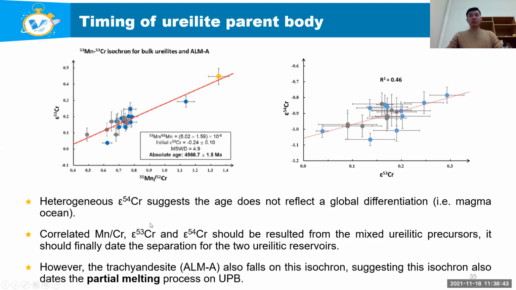So from the correlation in the last slide, this age should firstly date the separation of the two Ureilitic reservoirs, and this orange square is a pristine chunky andesite from the Ureilite parent body, which maybe suggests this isochron also dates the partial melting process on the Ureilite parent body.